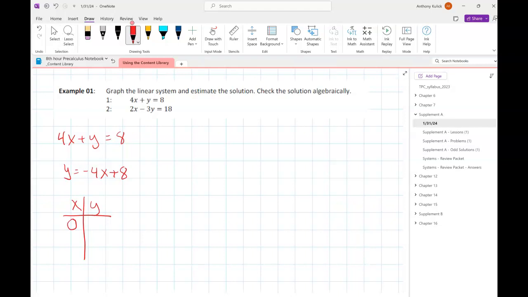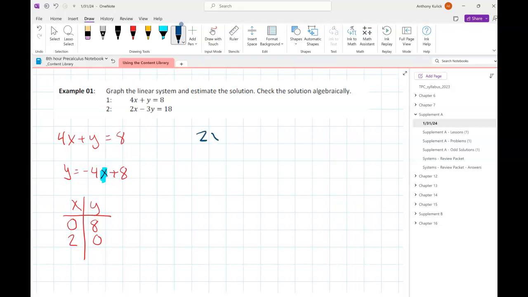What does y have to be? 8. We plug 0 in for x: negative 4 times 0 is 0, plus 8 is 8. Then let's say I pick 2. What is y? 0. 2 times negative 4 is negative 8, plus 8 is 0. Did it matter which x's I picked? No, I'm just going to pick things that look convenient.